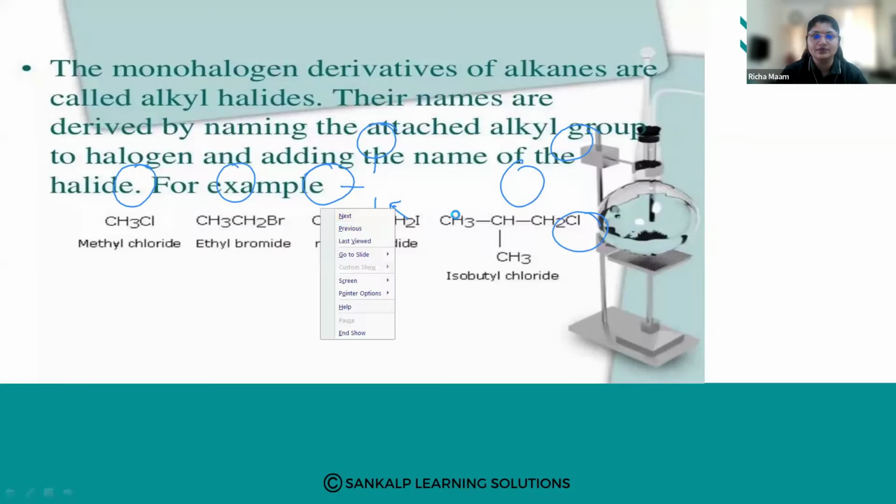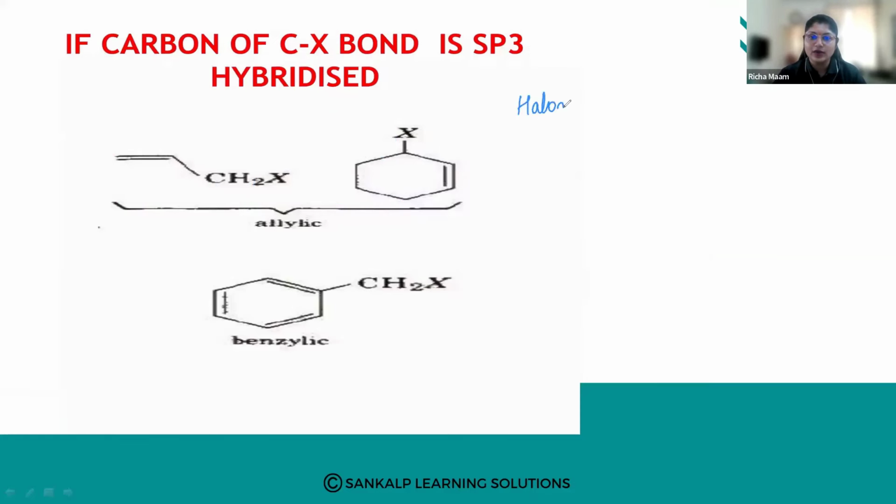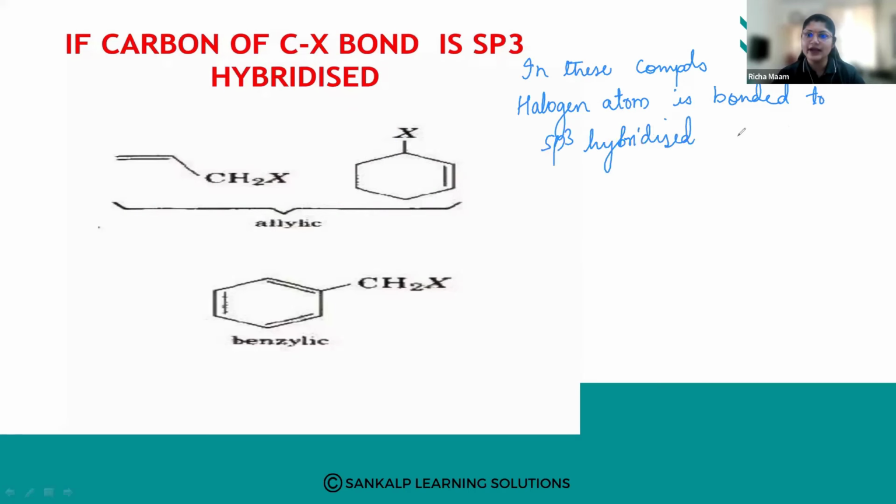In these compounds, the halogen atom is bonded to an sp3 hybridized carbon atom next to a carbon-carbon double bond.